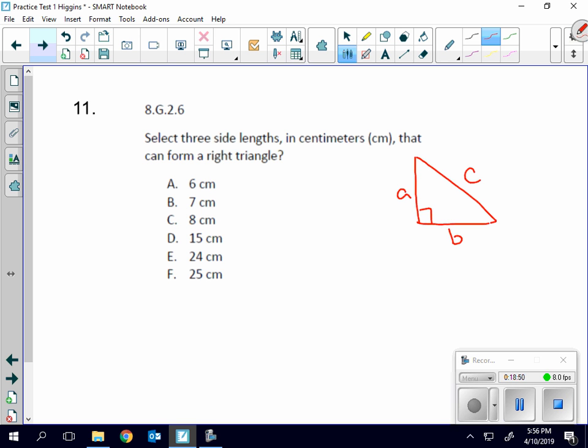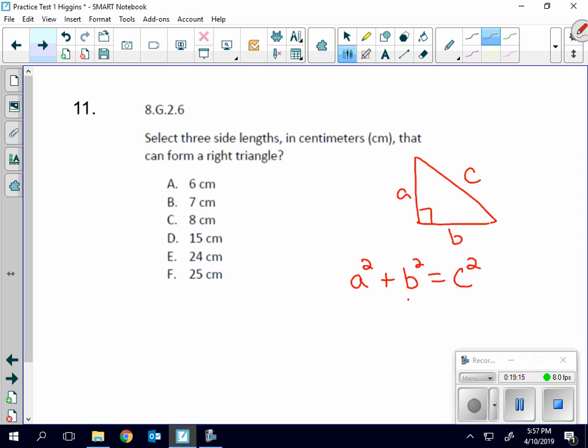The sides in a right triangle are as such. A squared, whatever that is, when you square it, plus B squared will always equal C squared. So to figure out which 2 numbers I can square and add up and make that equal another squared, I'm going to actually figure out what each of these numbers are squared. It'll make it a little easier.